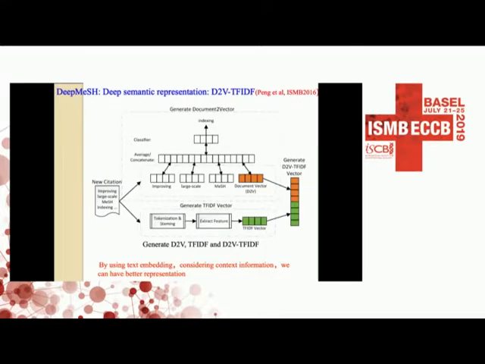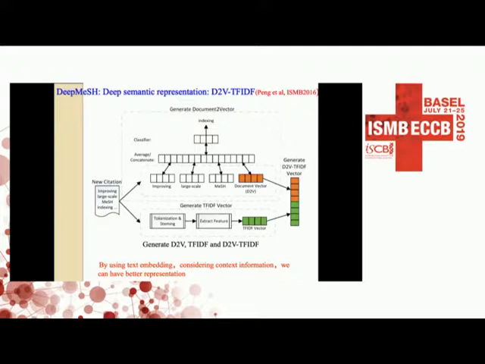And in 2016, at that time, there was a lot of progress in natural language processing in language embedding. So we thought about incorporating language embedding, using word vectors and document vectors to get a better representation for each citation.